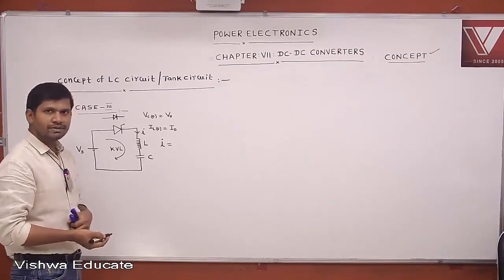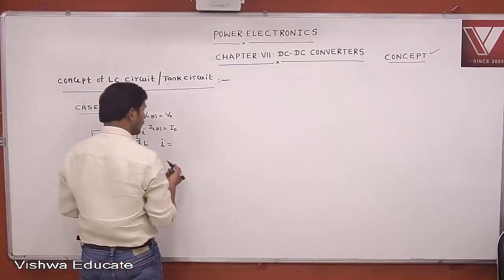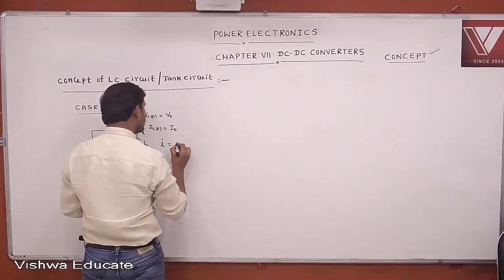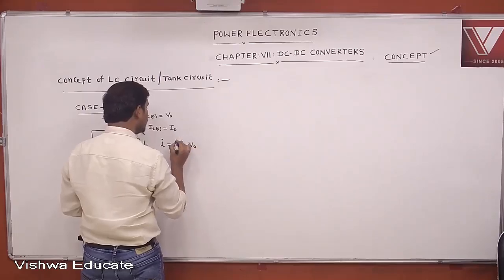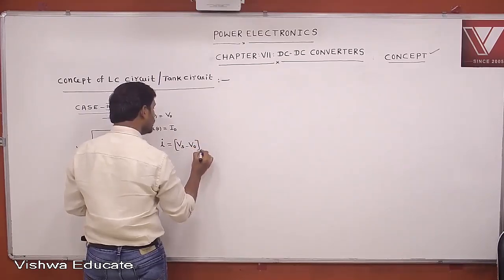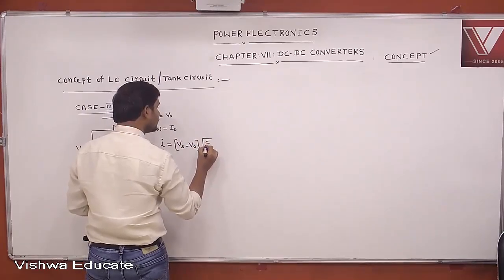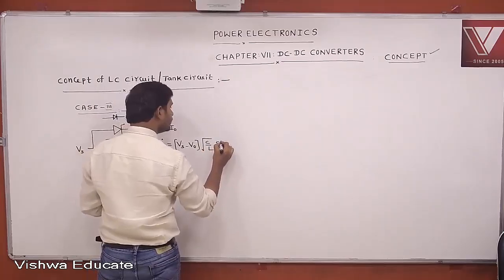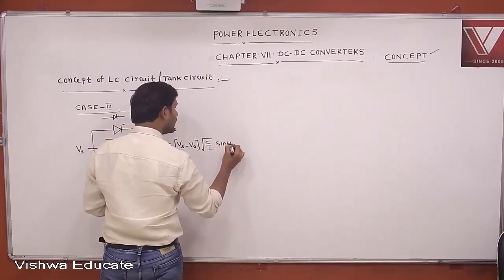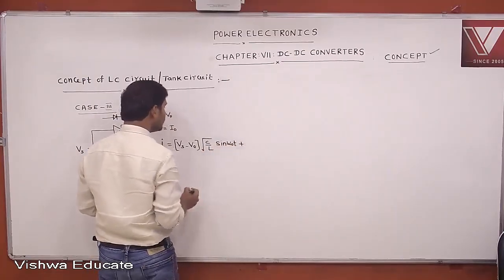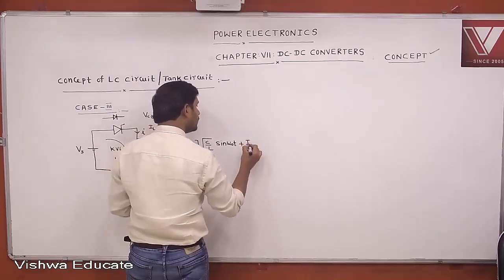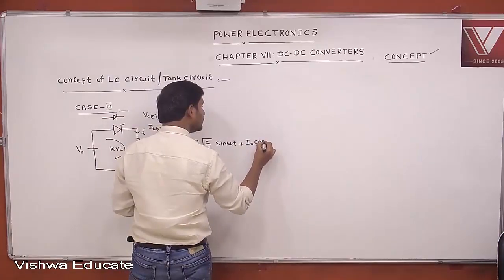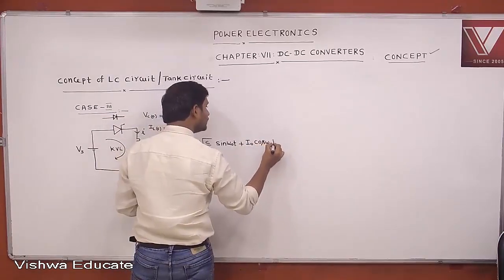By simplifying this, we get I equal to Vs minus V0 into square root of C by L into sin omega naught t plus I0 into cos omega naught t.